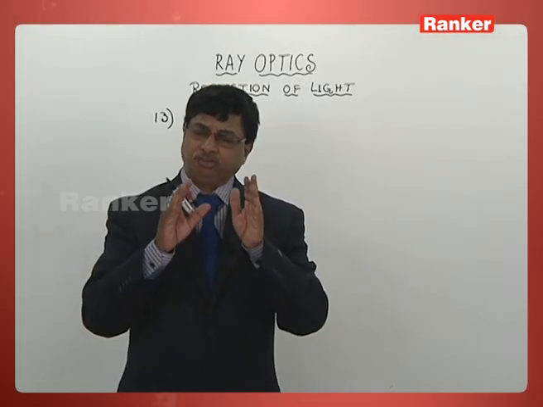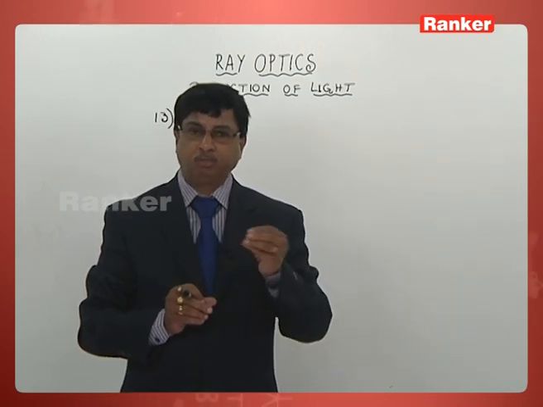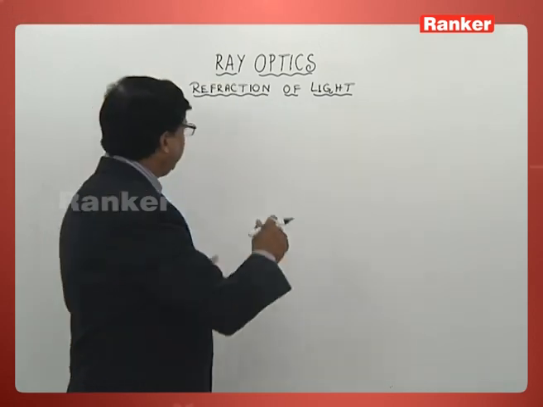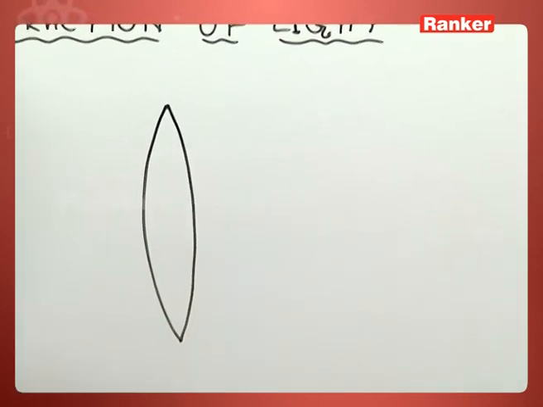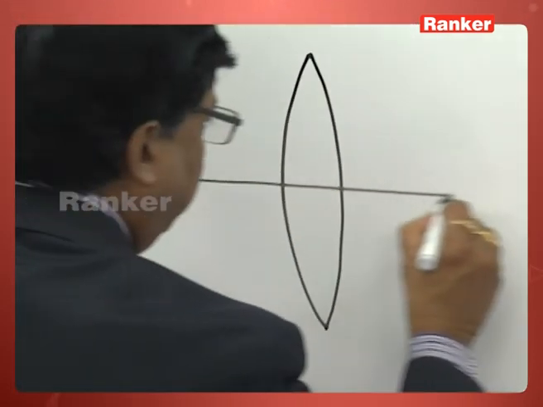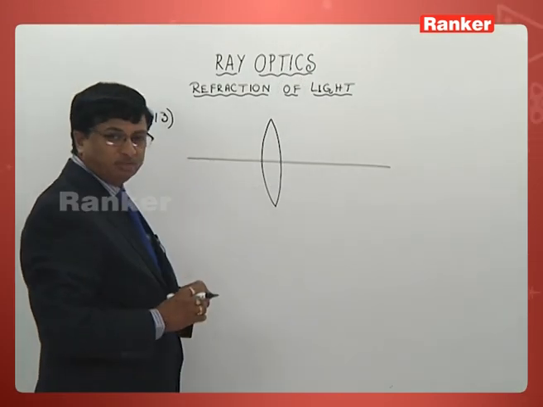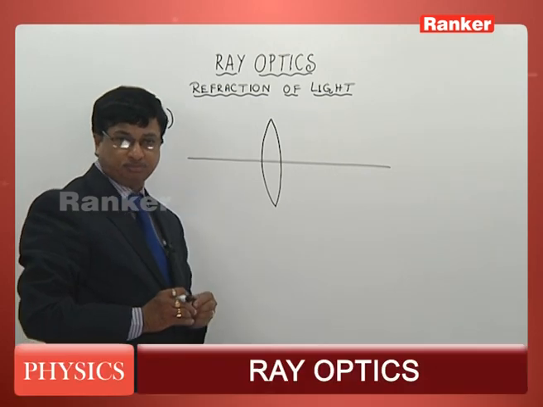Actually, what he is describing in the problem, let me just show you in the form of a small diagram, a small figure. This is a convex lens he is talking about, the very first one. This is its principal axis. There is an object that is placed on the principal axis.